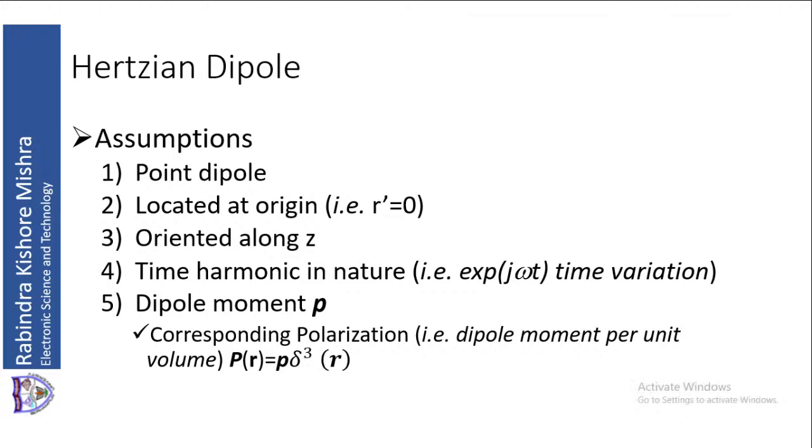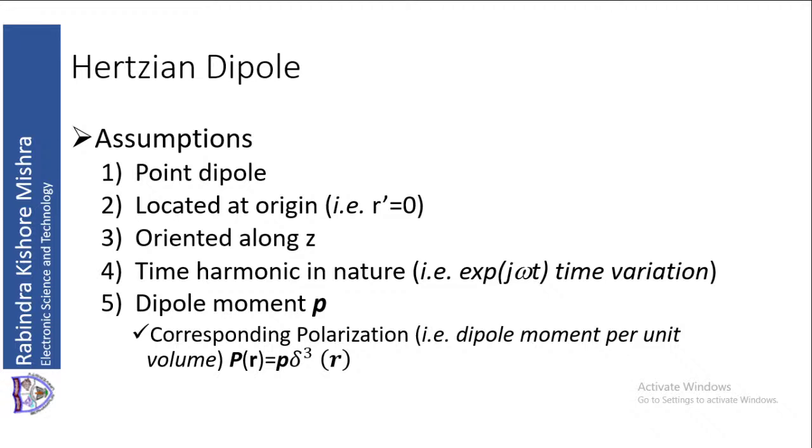The point is located at the origin. Since it is a source, the location is r', and r' is equal to 0, because it is located at the origin. And the dipole is oriented along the z-axis.